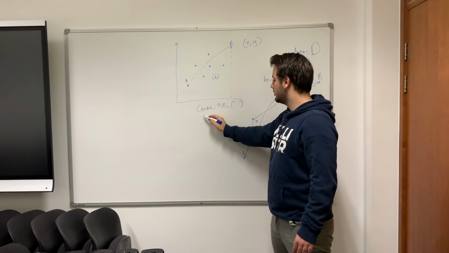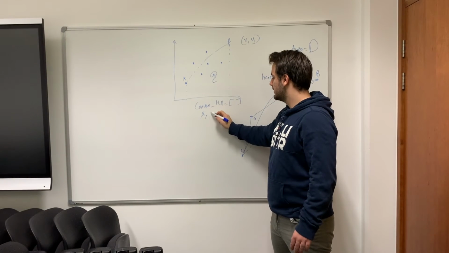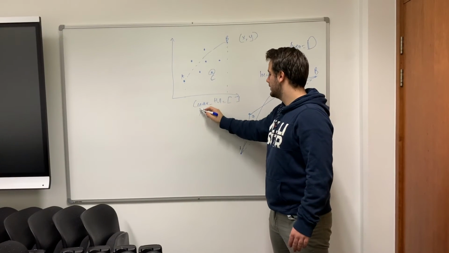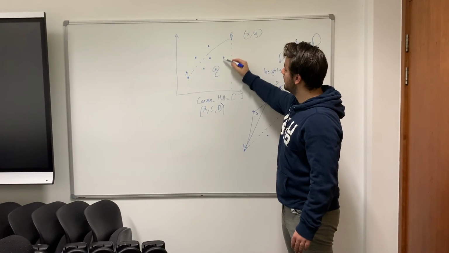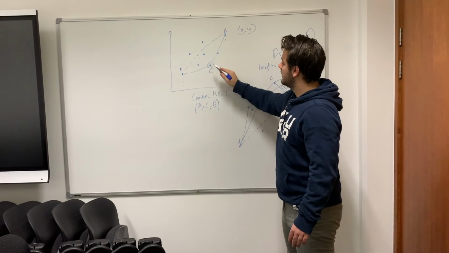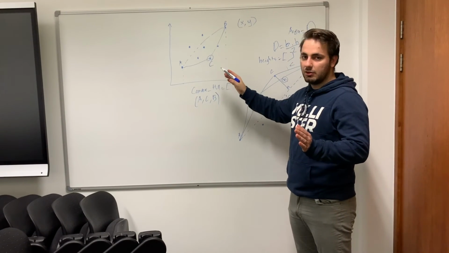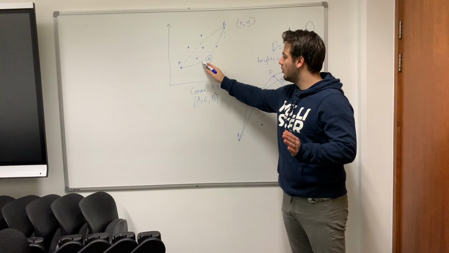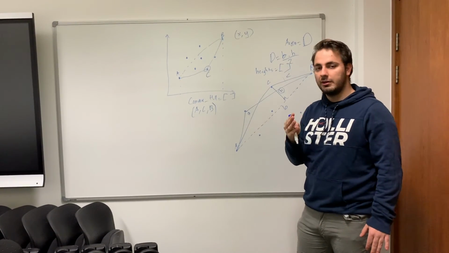So the convex hull would be A, let's call this C, C, B. So now what we have is, this is the farthest point, meaning that this will be inside, but then what we think of it is this also separates the other points into 3 groups.